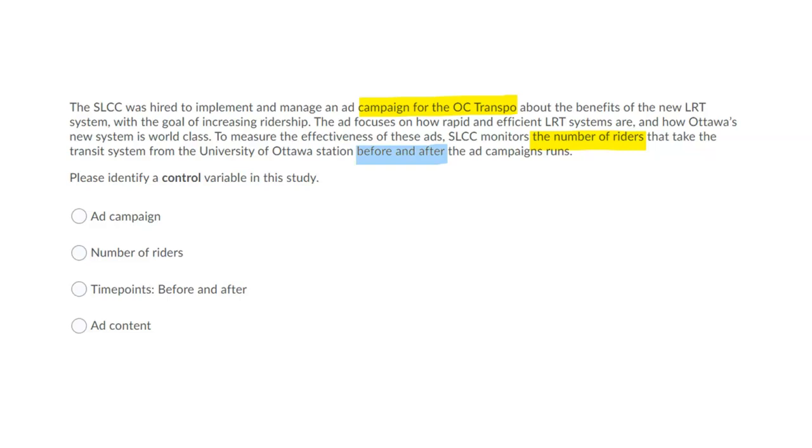So I hope this lecture could be helpful for your knowledge about the basic concepts of quantitative research. I hope to see you next time, and then we can talk in more detail about reliability and validity.